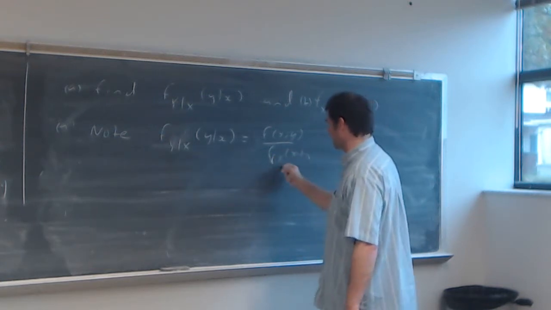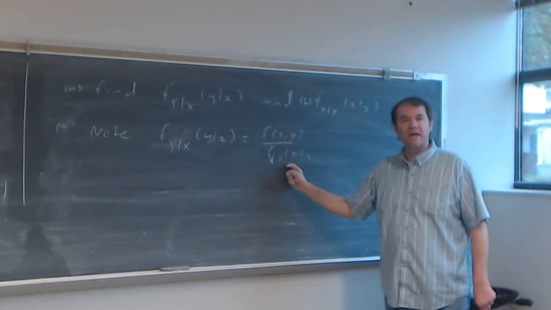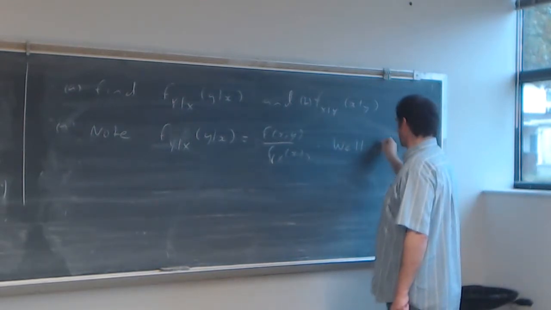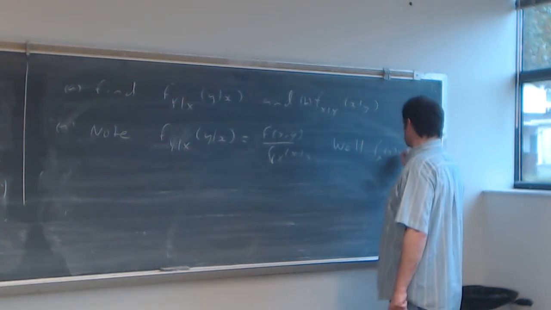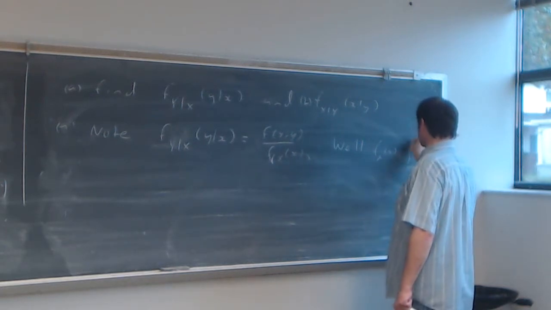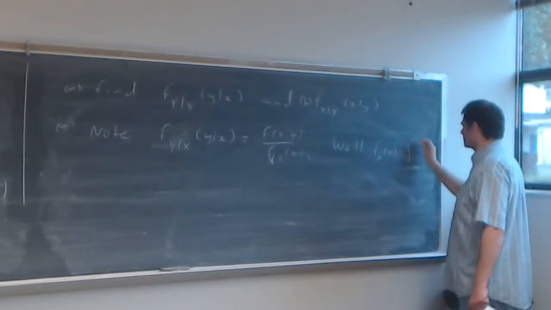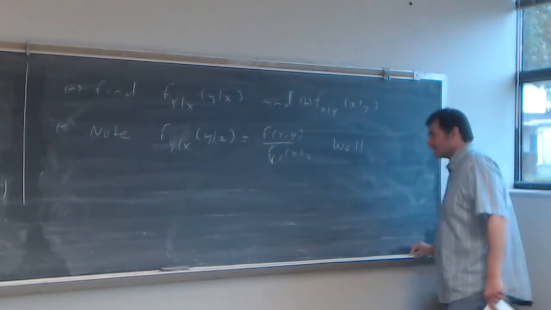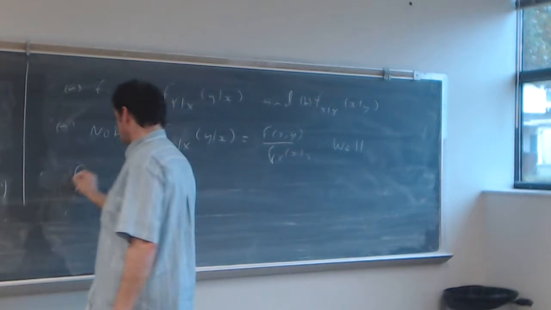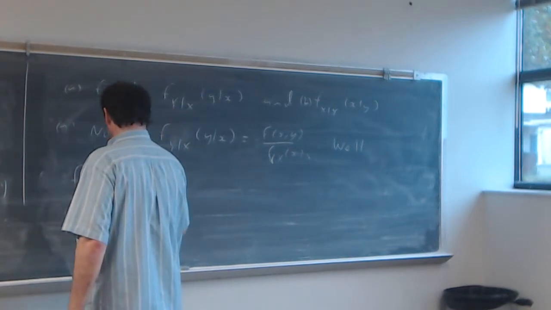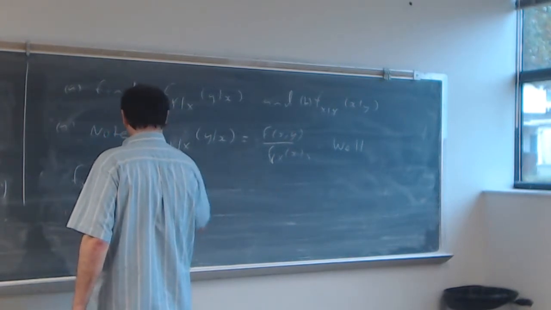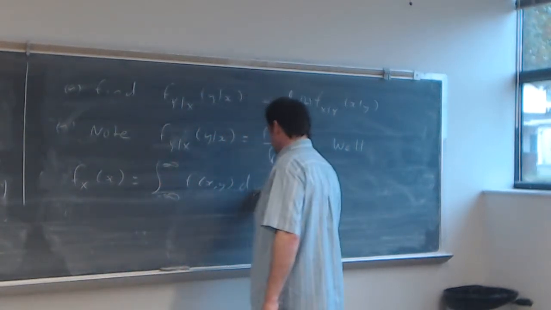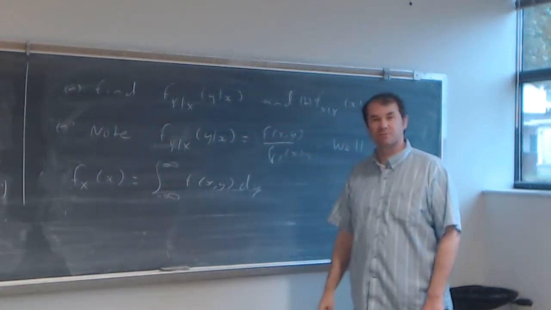So we've got to find this PDF of x. So f sub X of x is equal to the integral from minus infinity to infinity of f of x comma y, integrated with respect to y. That's the definition we have.